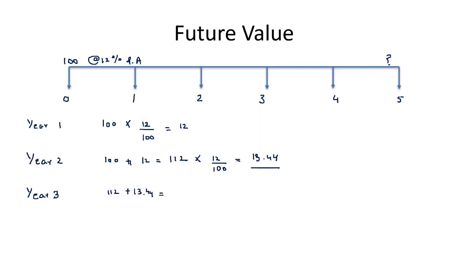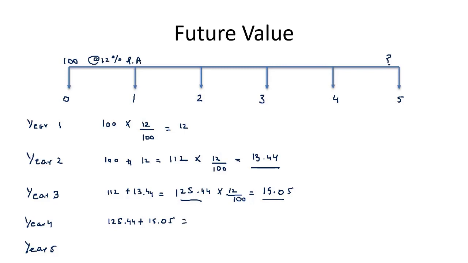So the value is 125.44. Now in year 3 this earns 12%, which is 15.05. Similarly, we will calculate for year 4 and year 5. So in year 4 this is 125.44 plus the interest of year 3, which is 15.05.